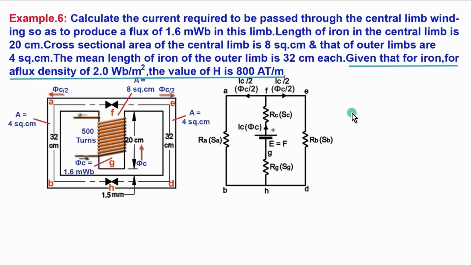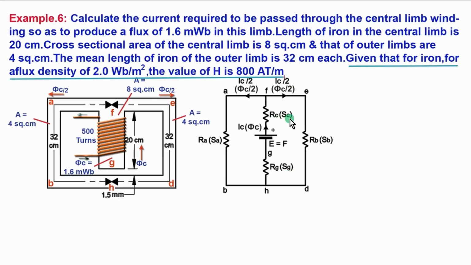We studied that it will be easier to solve the magnetic circuit if we draw an equivalent electric circuit. In this electric circuit, this battery, which has an EMF of E, is equal to the magnetomotive force F generated by the coil. This resistance Rg is similar to reluctance Sg of air gap.